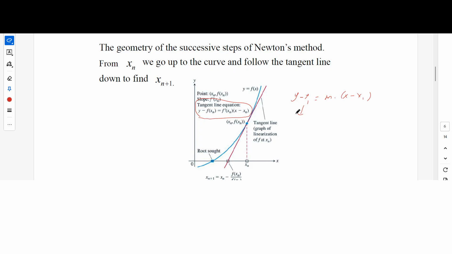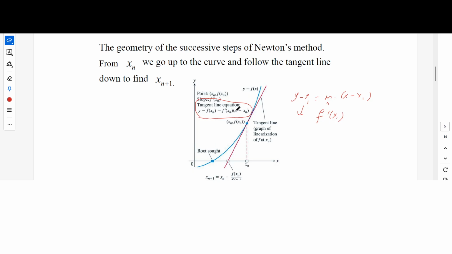This y1 is the value of the function at xn, x1 is xn, since we're talking about the nth point. And m is the slope, which is the derivative of the given function at that point. So if you keep going like that, at the nth step, this is the equation of the tangent line you are going to get.